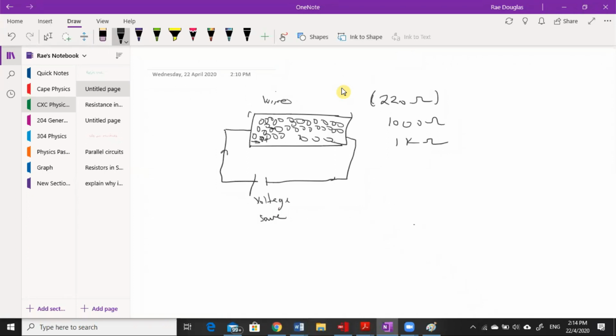Once I connect my voltage source to the wire, current is going to flow. Now we're talking about resistance, and we want to know whether the current is going to increase or decrease in a 220 ohm resistor.